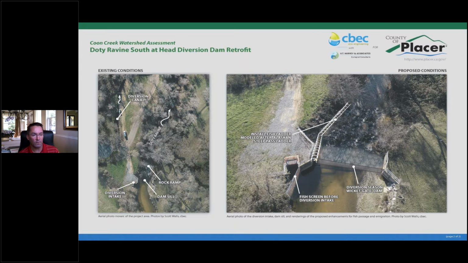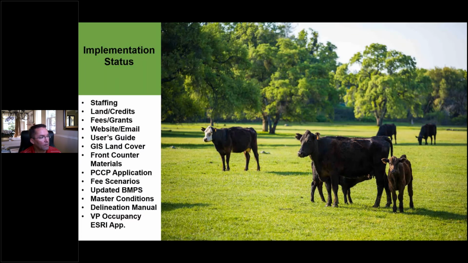If we prepared a design for this and took that to the Corps and said, we have funds, be it grant funds or impact fees, here's a design, get that permitted, work with NID to remove this barrier and provide a solution to the barrier for fish. So that's another potential project there.